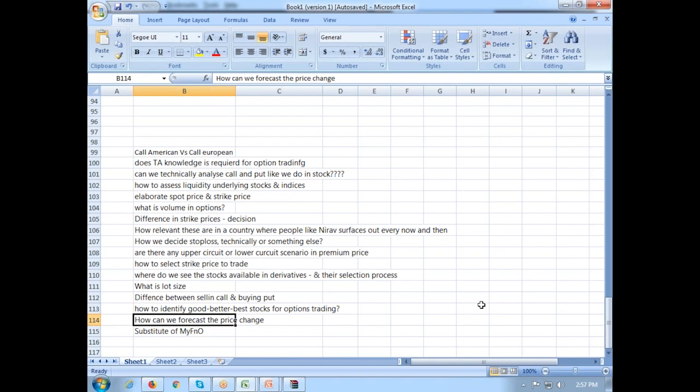First, the easiest one. How can we forecast the price change? I cannot. I don't know. I'm bad at that. Forecasting of price change happens with fundamental analysis or technical analysis, that you think the prices can move to that. Option, it's a very good question. In fact, are we here to forecast the prices?